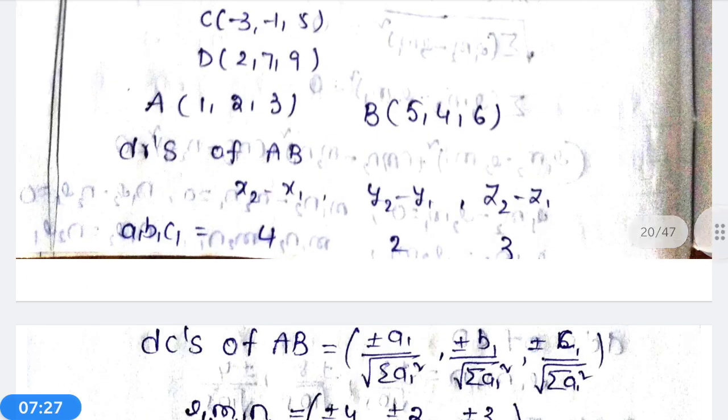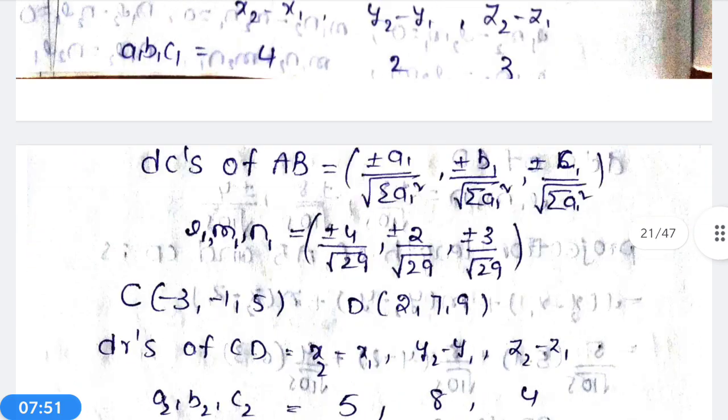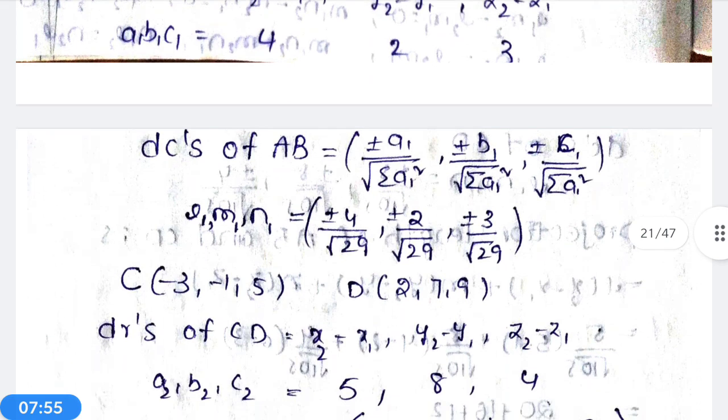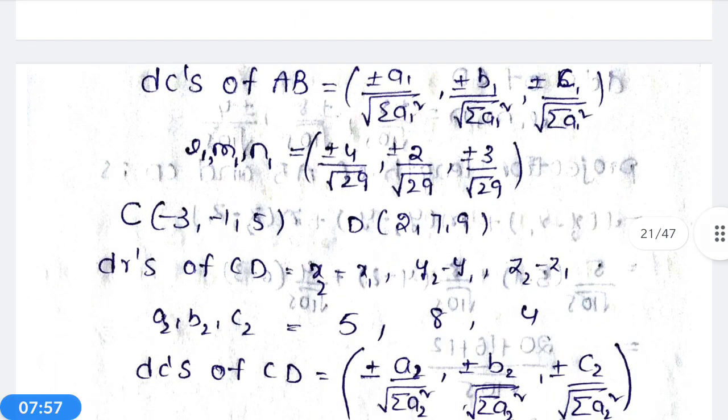After determining DRs a1, b1, c1 and a2, b2, c2, a1 is x2 minus x1, b1 is y2 minus y1, c1 is z2 minus z1, a2 is equal to x4 minus x3, b2 is y4 minus y3, like that. So the DRs of AB and CD have been found. They are 4, 2, 3 and 5, 8, 4.